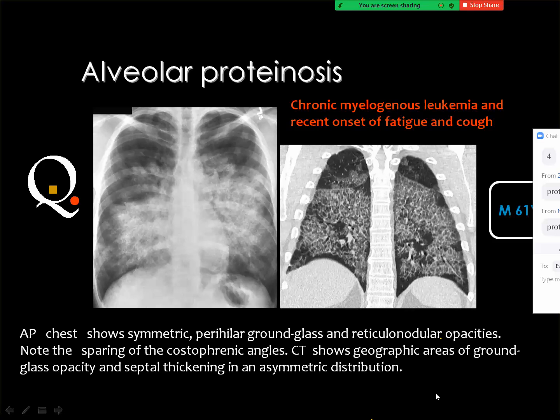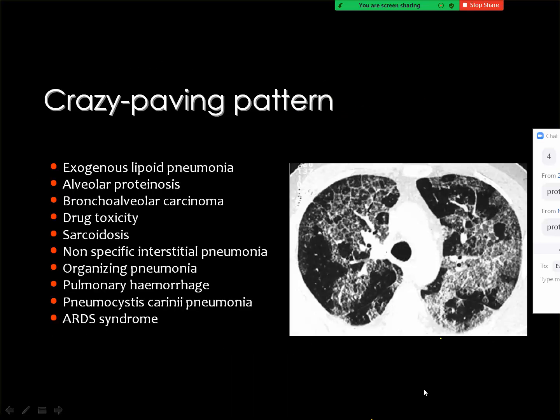Then this is alveolar proteinosis, and alveolar proteinosis is diagnosed by this very characteristic pattern, which is known as the crazy waving pattern. And this crazy waving pattern is not pathognomonic for alveolar proteinosis.